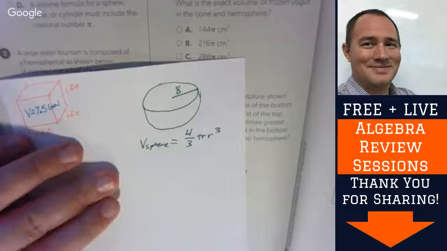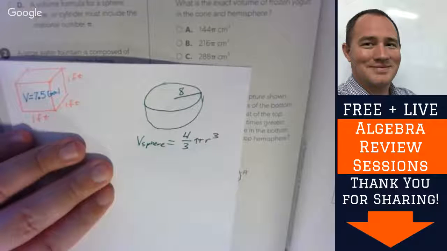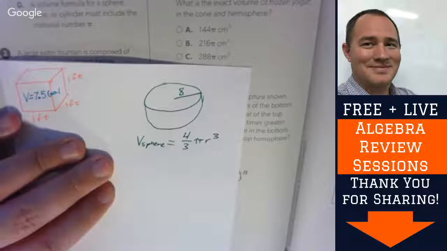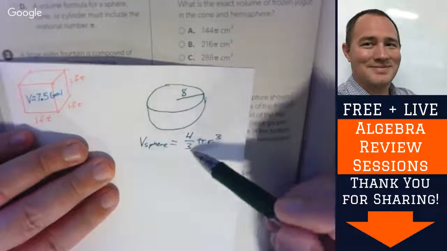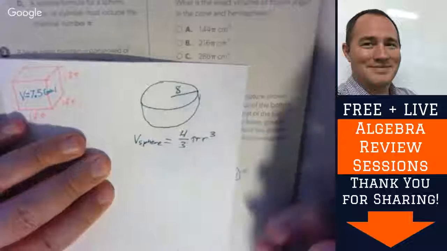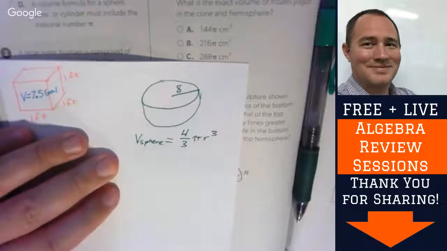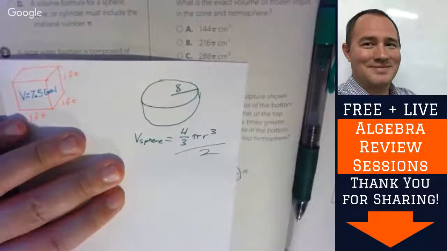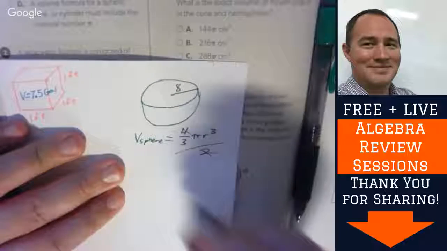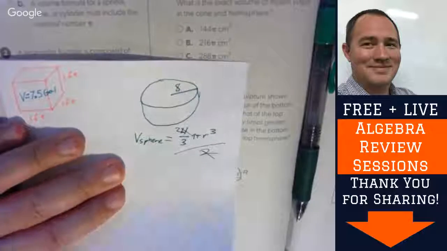So what would the volume of half of a sphere be? That would be half of this. If we divided this entire line by 2, which we would need to do, then the 2 is going to break up the 4 and it's going to become 2/3 pi r cubed.